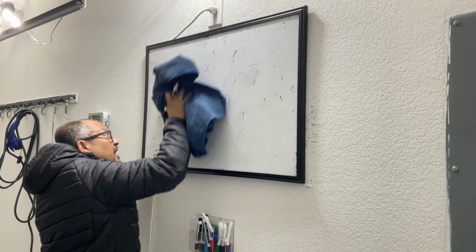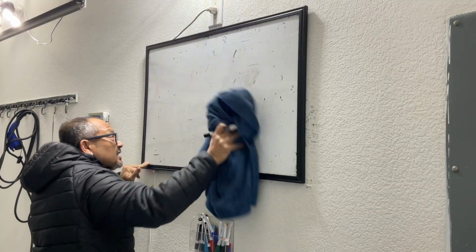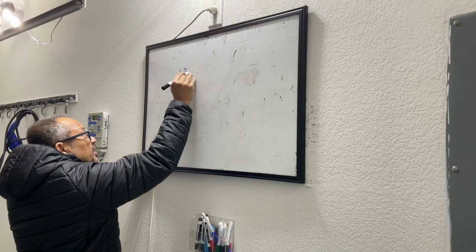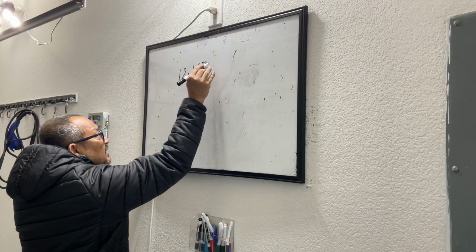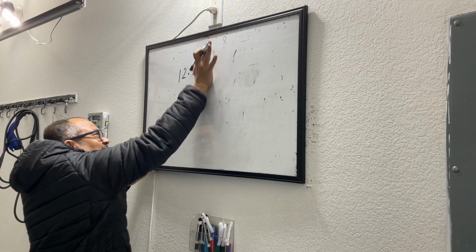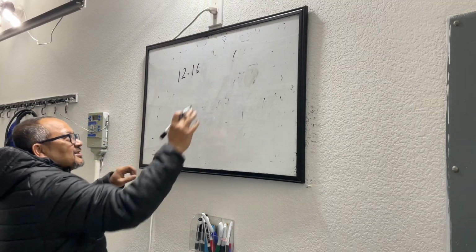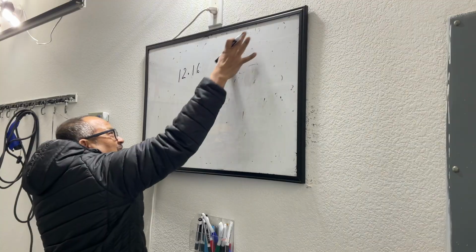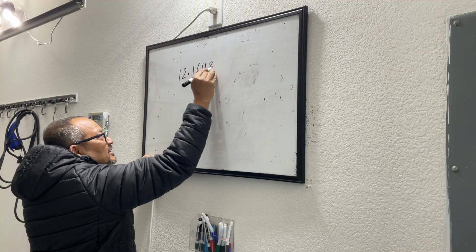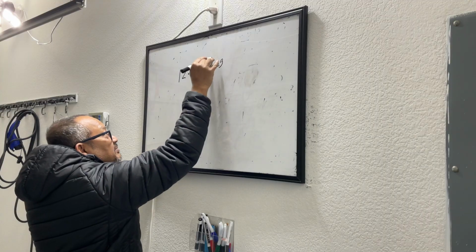So, I have a number 12.167. Oopsie daisy. I cannot deal with this combination too much. I just had one escape. 164,329 repeating.